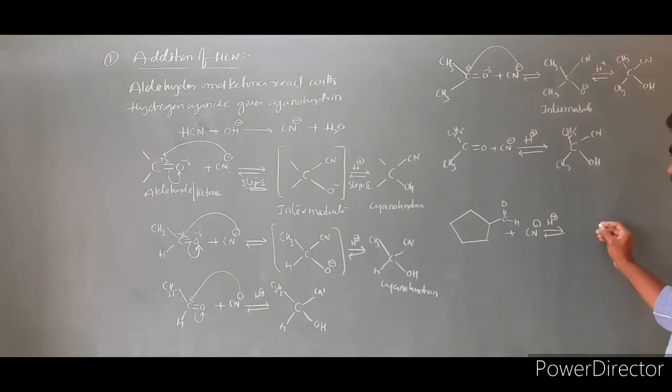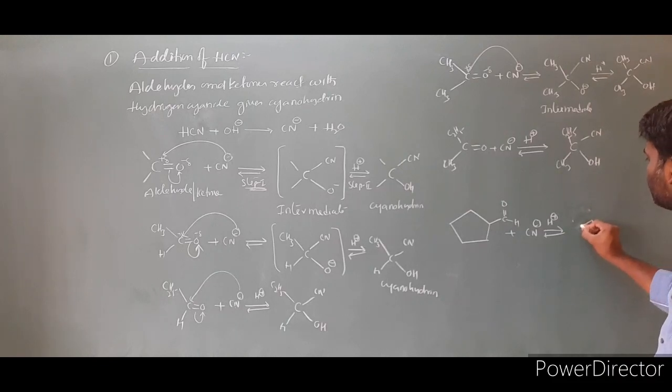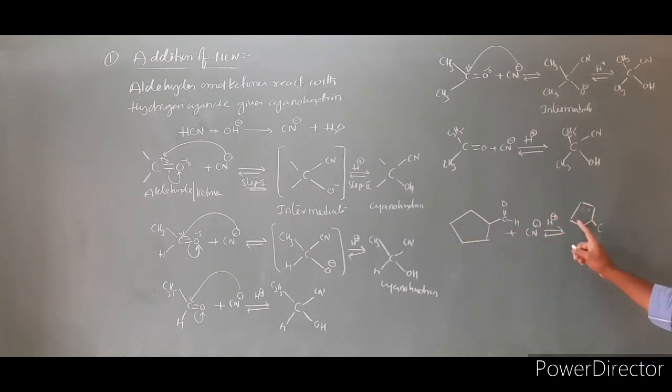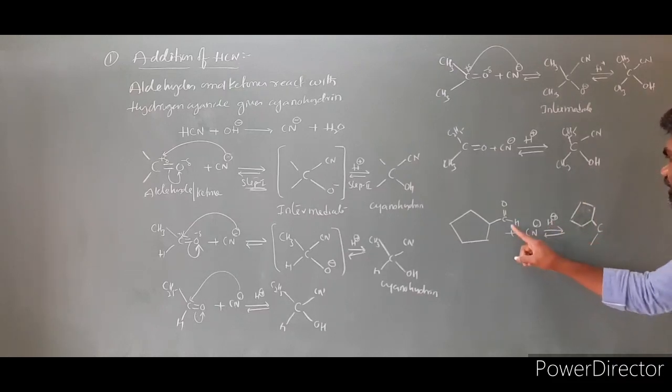Then what is the product? This is a cyclic compound, the ring contains 1, 2, 3, 4, 5. The ring is the same. Then to this, what is attached? One hydrogen is there.